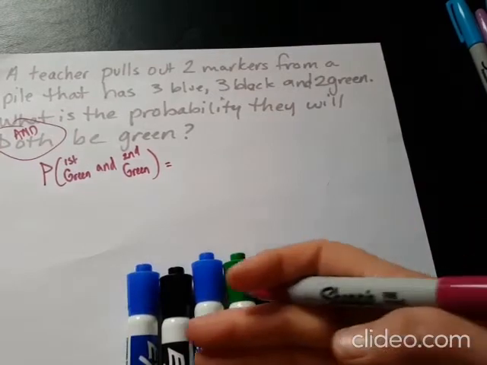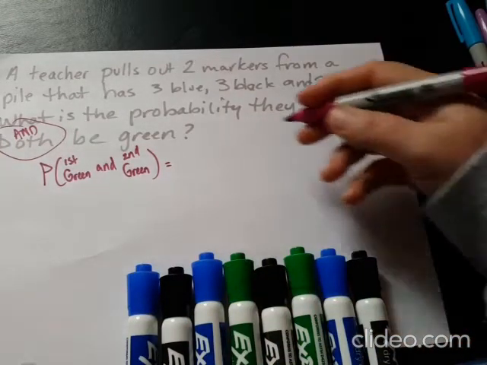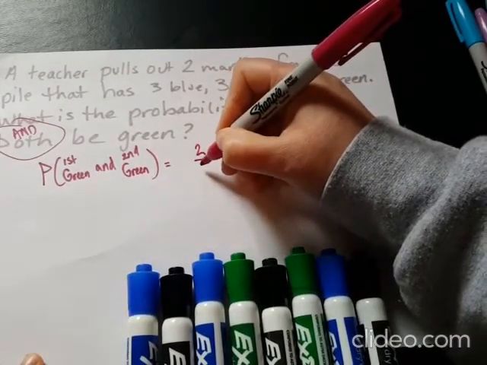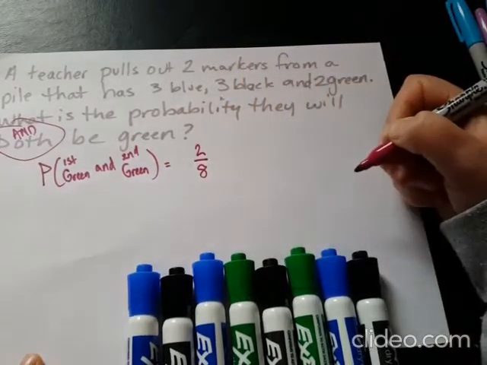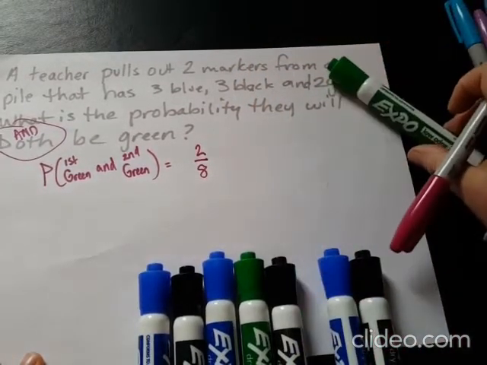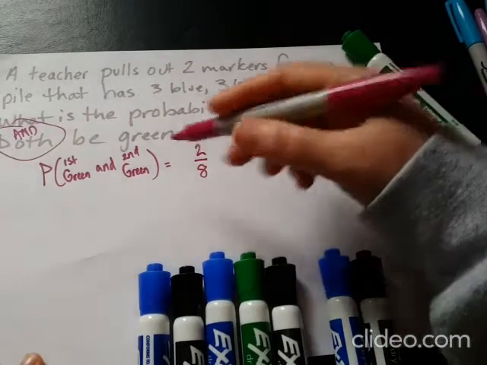So what's the chance right now of selecting green from this pile? At this time, there's 2 green out of the 8 that are present for markers. So we're going to take out that first green and put it aside. And then we're going to ask for the second event.